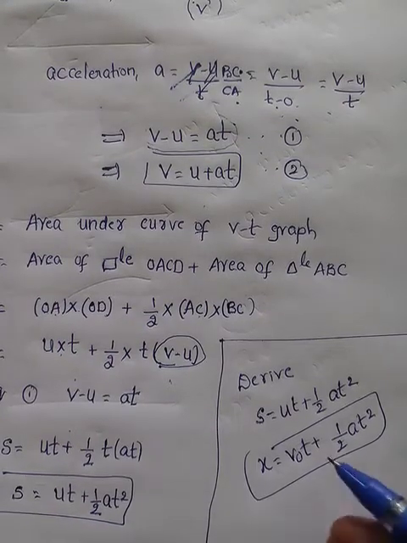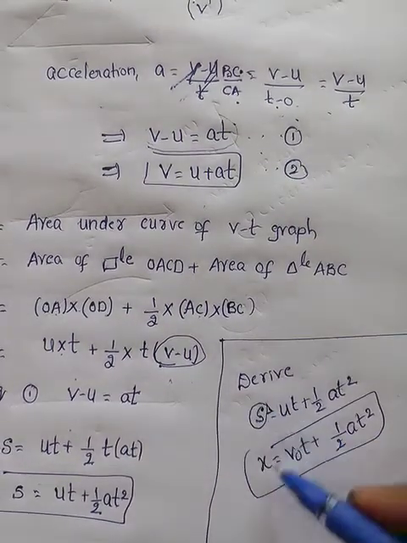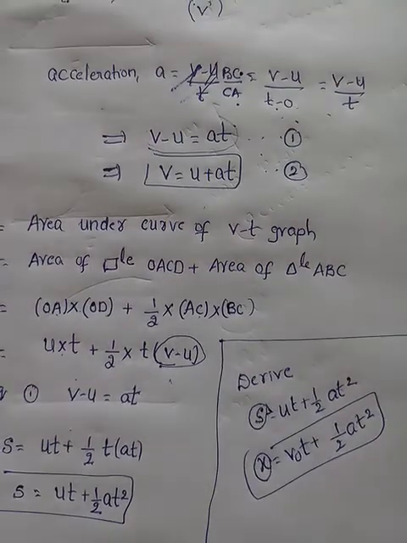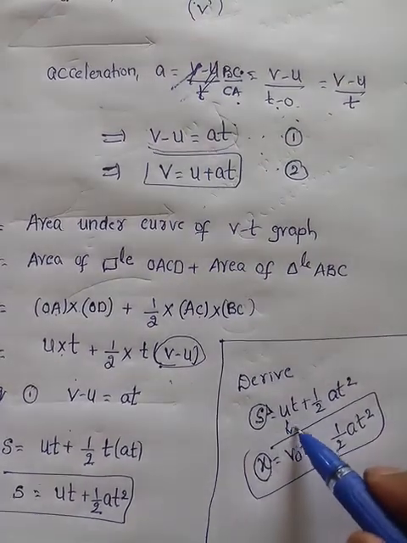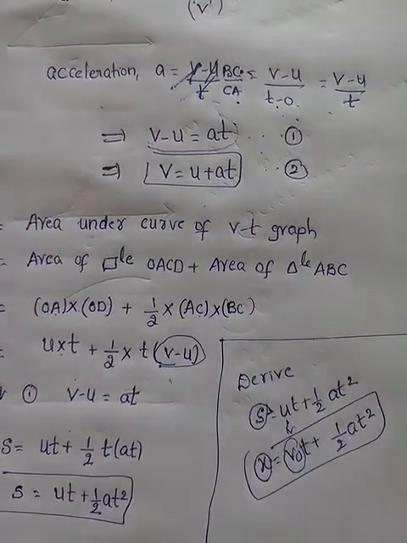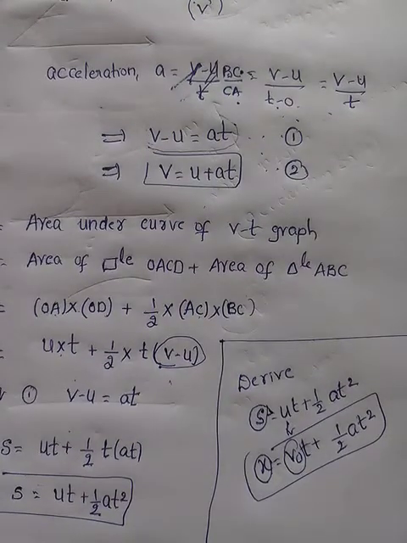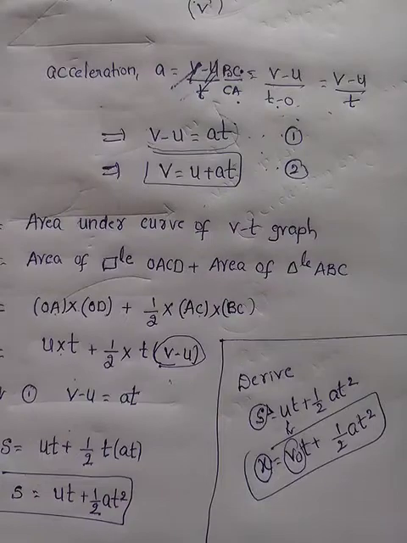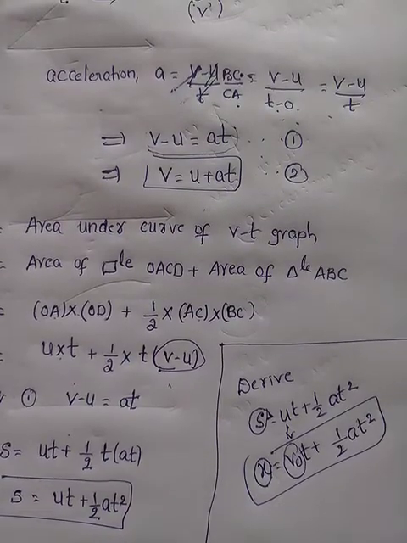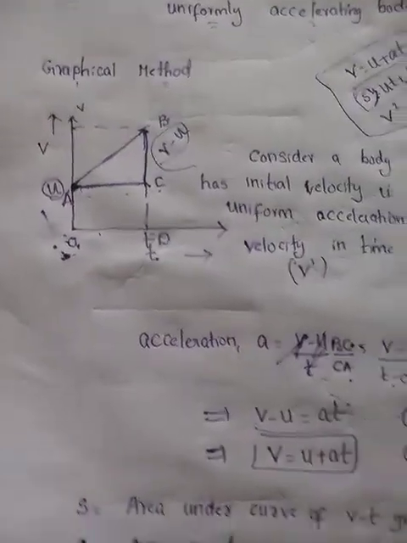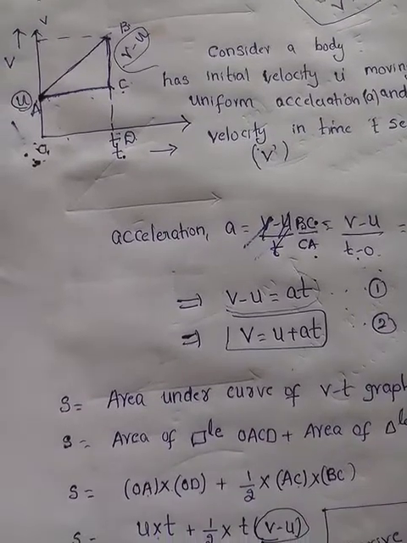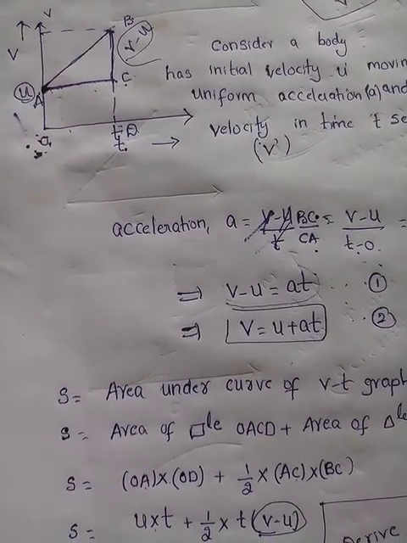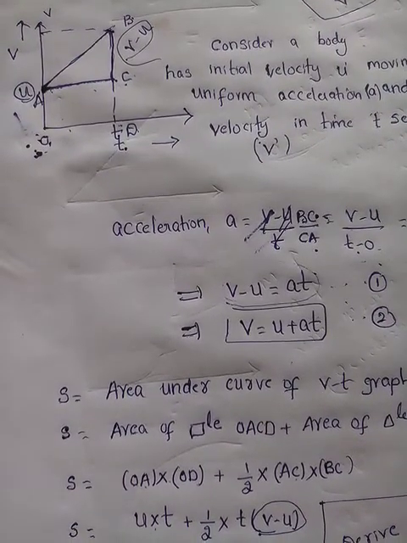What is the difference here? S is called displacement, X is called distance. Instead of U, you should consider V naught as initial velocity. The same procedure you have to repeat. Understood, students? This is very important for 5 marks question. You should go through this, and if you have any doubts, you can surely contact me on Zoom.